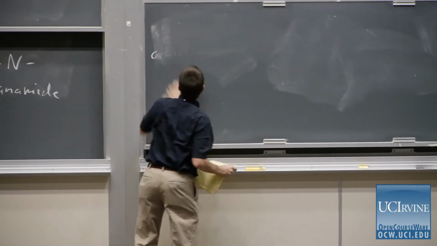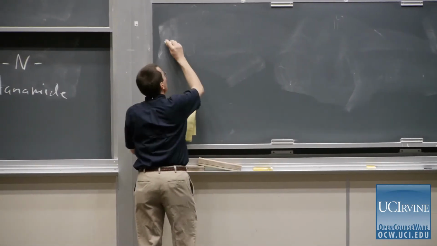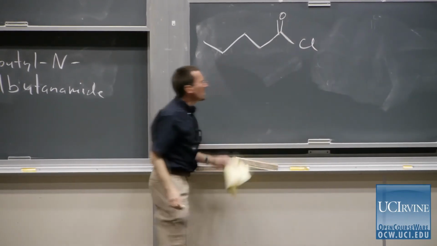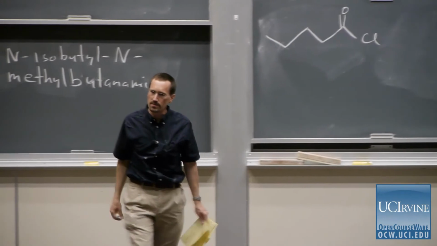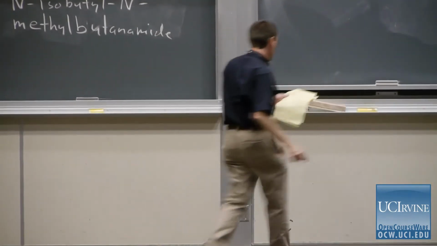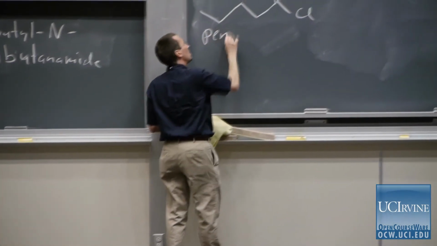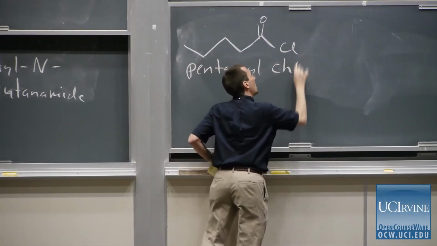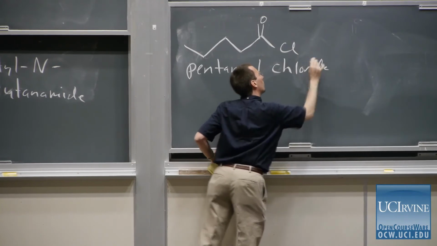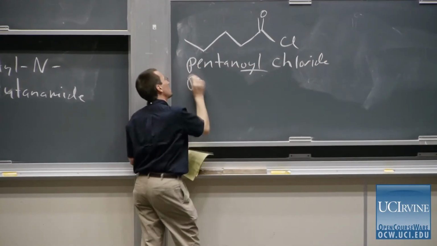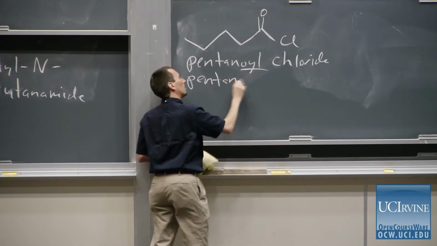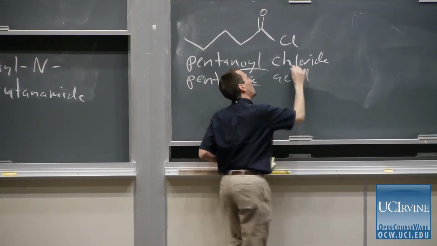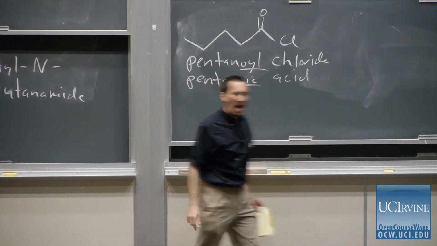So let's go on to an acid chloride here derived from pentanoic acid. And again, we're seeing the family relationships here too. This is an acid chloride derived from pentanoic acid, so we call it pentanoyl chloride. We've taken the pentanoic of the acid from which it's derived, and we've changed it to oyl.